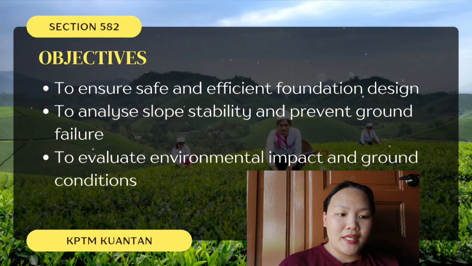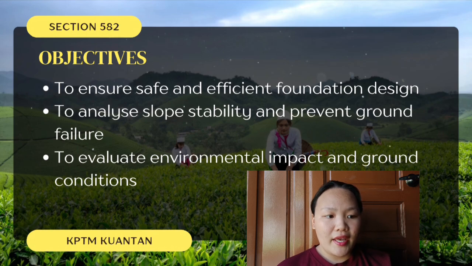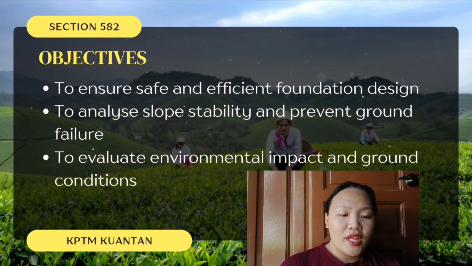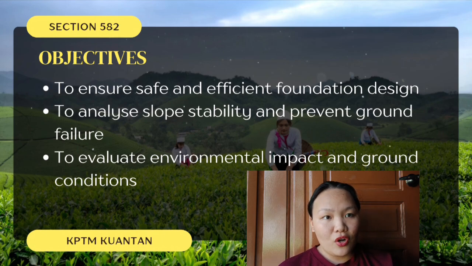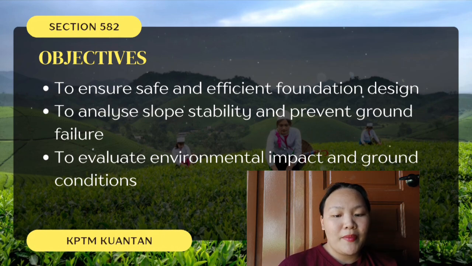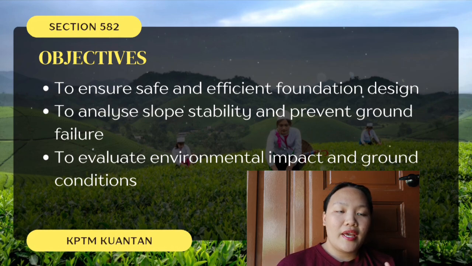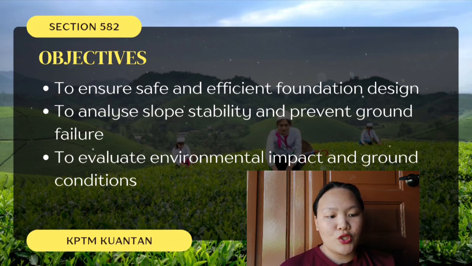It helps engineers understand how soil reacts to forces like rain or excavation and whether measures like retaining walls are needed. Third is to evaluate environmental impact and ground condition by identifying hazards such as contamination or expansive soil, allowing for proper precautions to be taken.